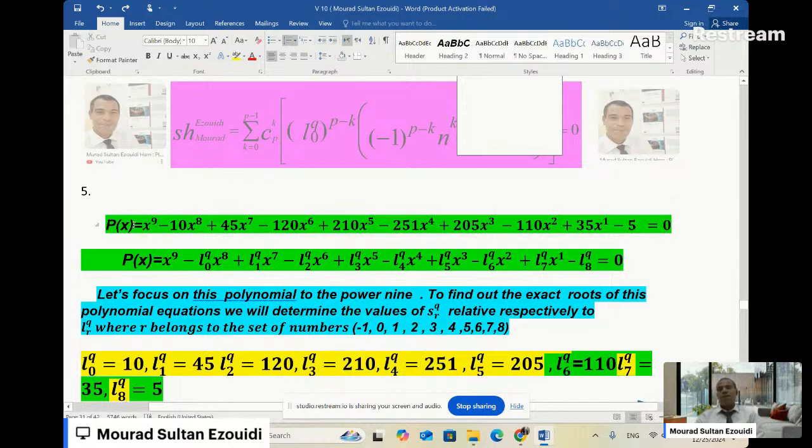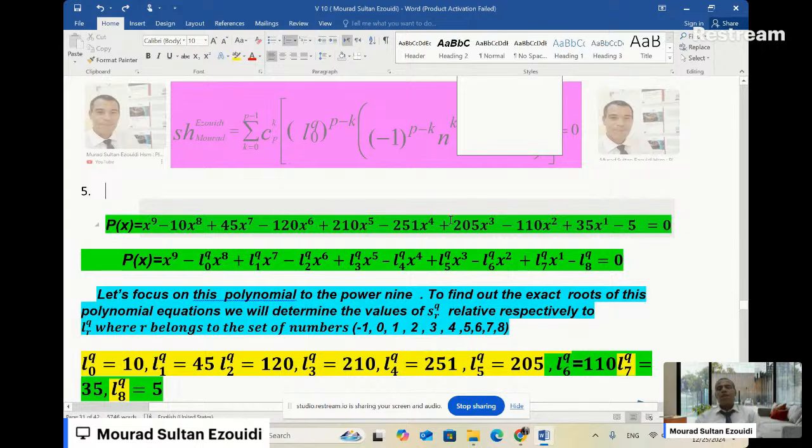So this can be read as x raised to the power 9 minus 10x raised to the power 8 plus 45x raised to the power 7 minus 120x raised to the power 6 plus 210x raised to the power 5 minus 251x raised to the power 4 plus 205x raised to the power 3 minus 110x squared plus 35x raised to the power 1 minus 5 equals 0.